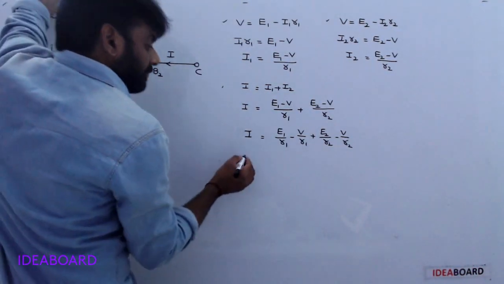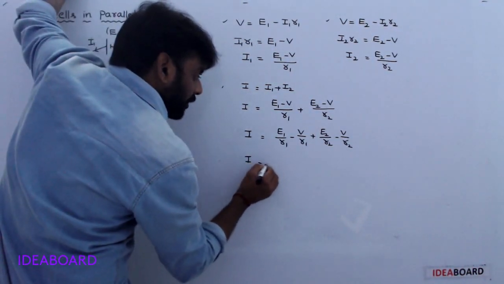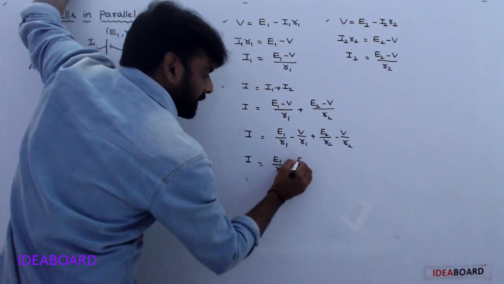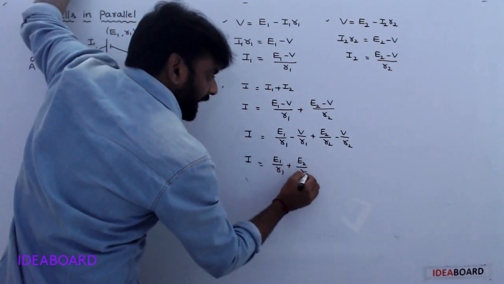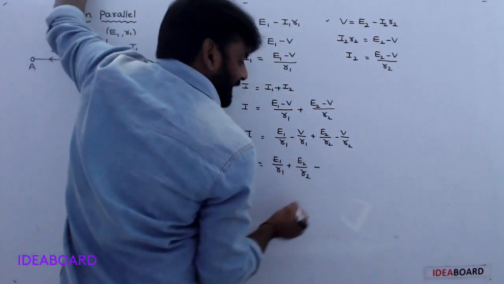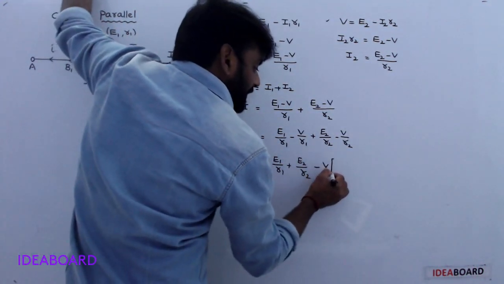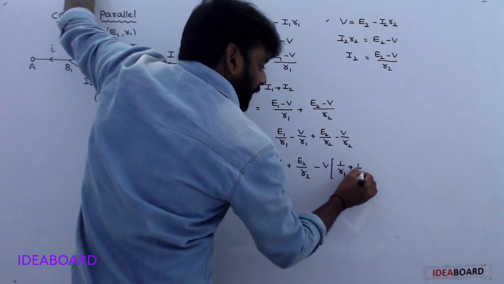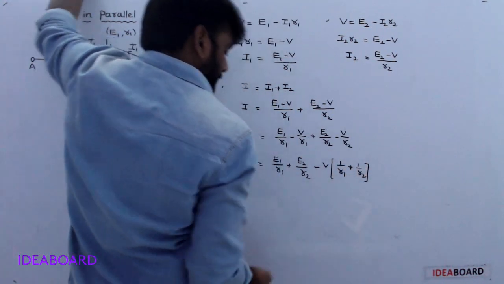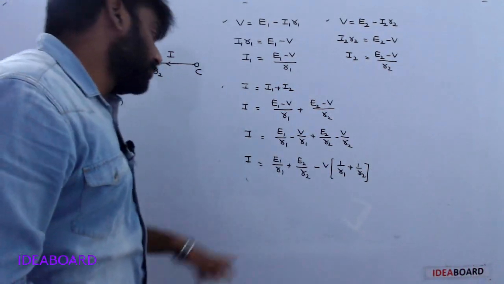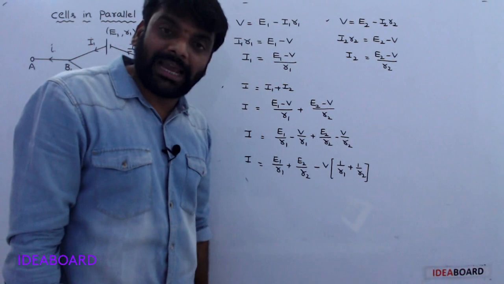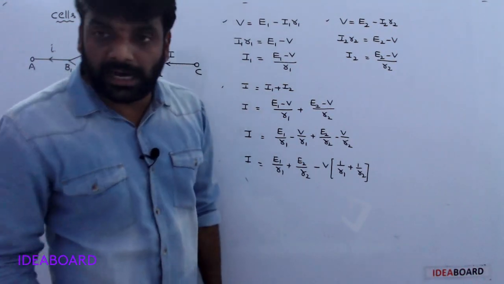Understood? Taking V common, I is equal to E1 by R1 plus E2 by R2 minus V into 1 by R1 plus 1 by R2.